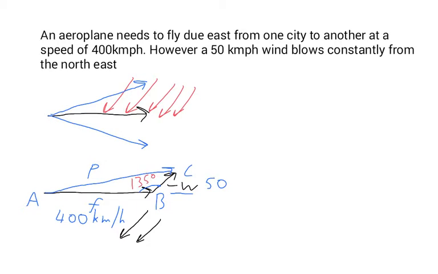So from there, we can find out what P is, what the plane will actually be doing. So B squared equals 50 squared, because that's the wind, plus the ideal 400 squared that we want it to be doing, minus 2 times 50 times 400 times cos 135.